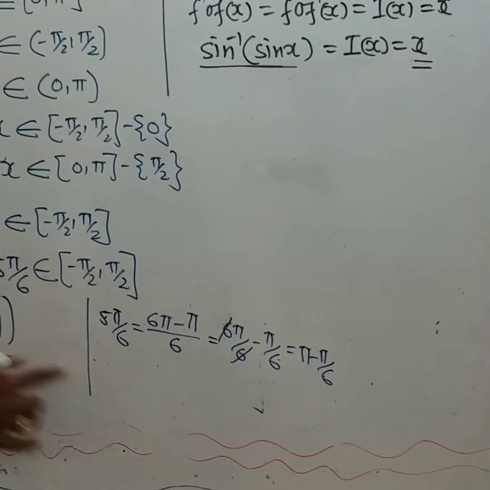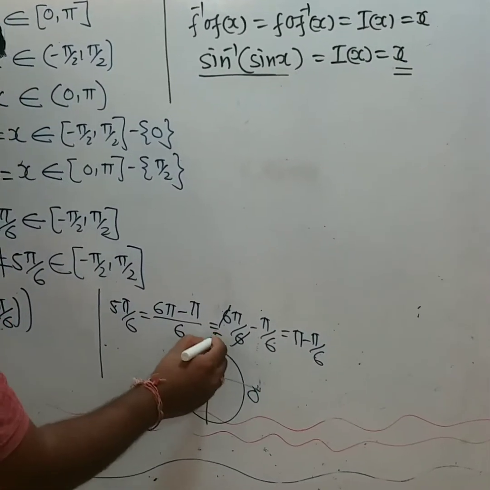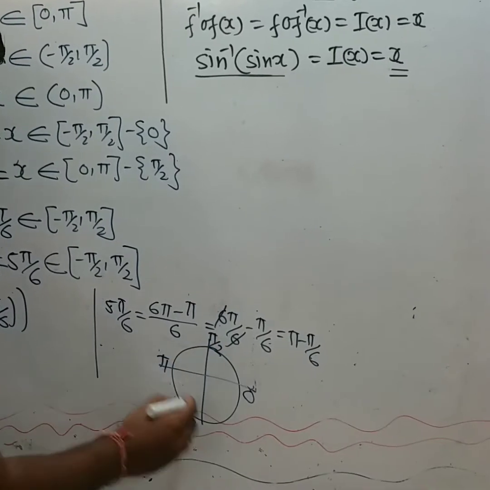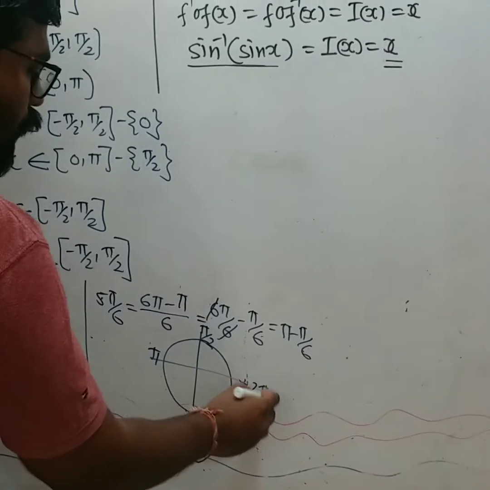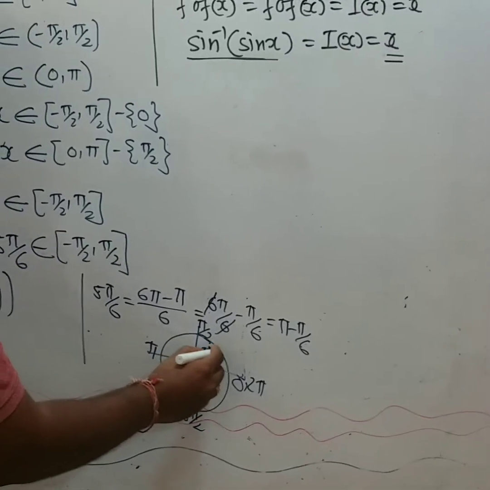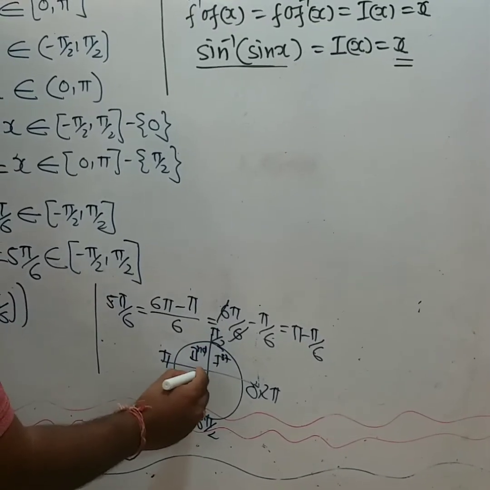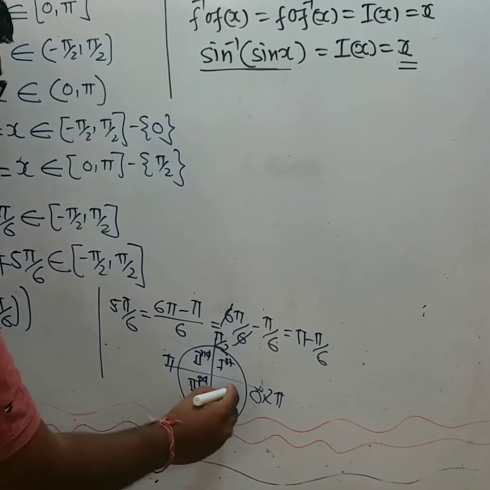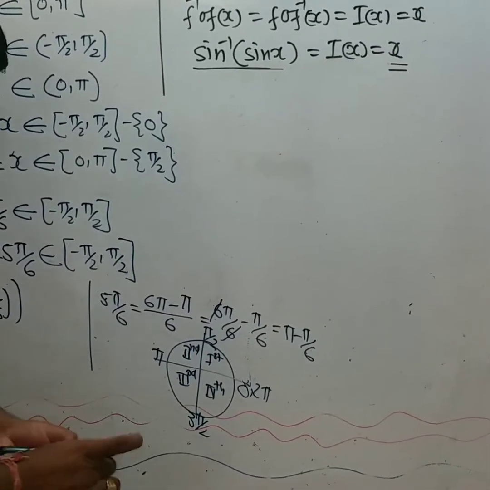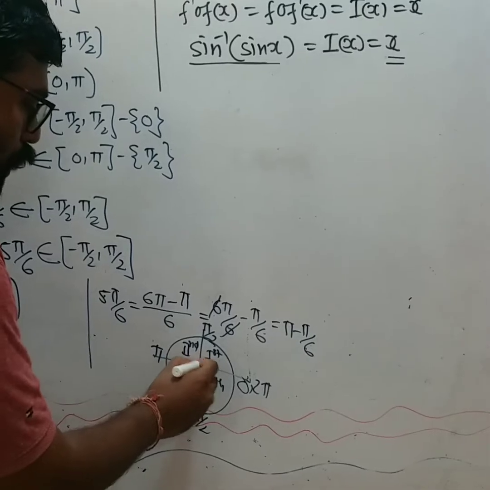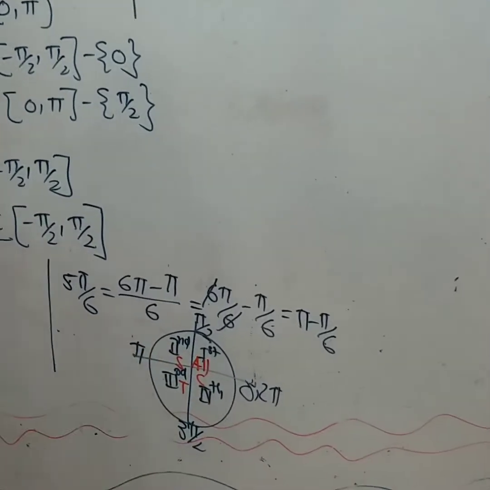Now, pi minus pi by 6 lies in the second quadrant. See here, 0, this is pi by 2, this is pi, this is 3 pi by 2, this is 2 pi, this is the first quadrant, this is the second quadrant, this is the third quadrant, this is the fourth quadrant. In the first quadrant, all functions are positive. In the second quadrant, sine is positive.